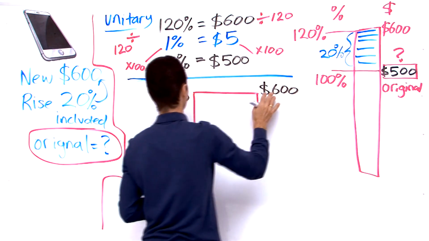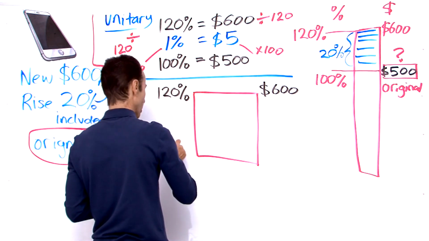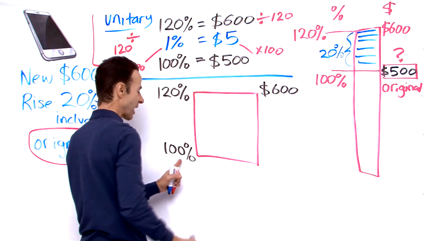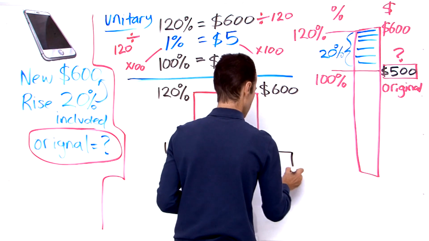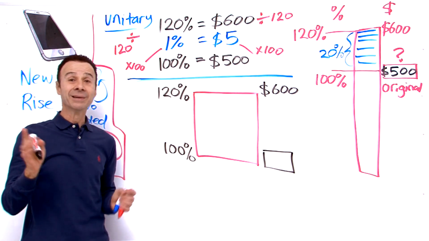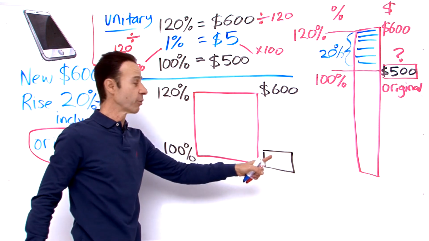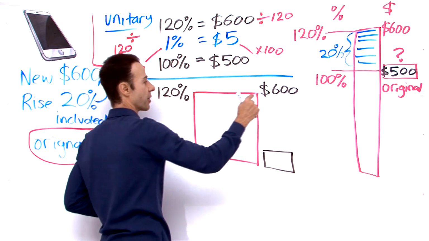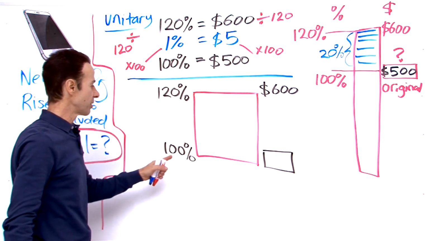So we've got dollars on the right, percentages on the left. Now, at 100%, which is what we're after, what was the original price? That's the unknown. So in this proportion method, we have 3 knowns and 1 unknown. How do we find that? We cross product: that times that divided by that.